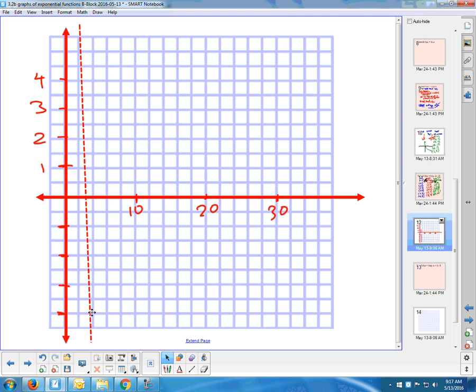I better make that vertical. And so typically, the asymptote would be on the y-axis here. But since I have everything being shifted to the right 2 units, I'm going to shift that to the right 2 units as well.